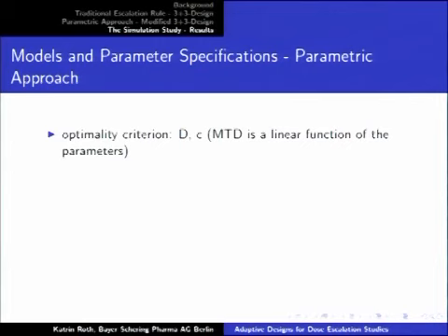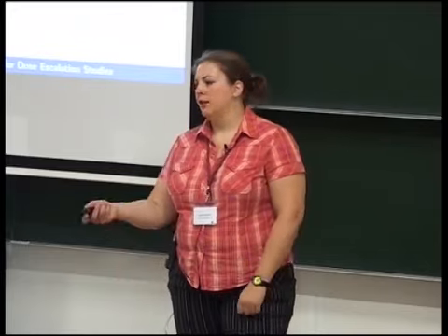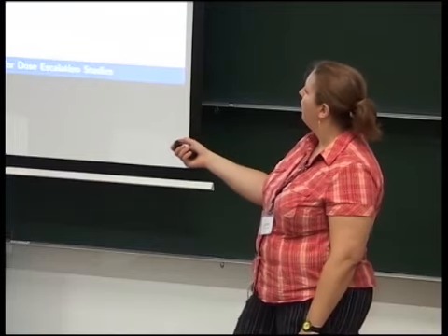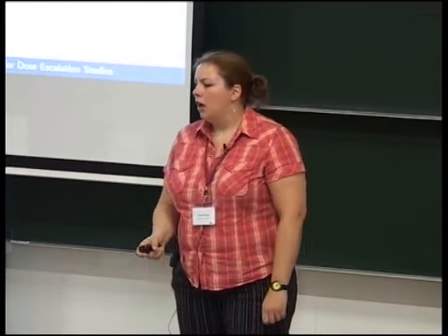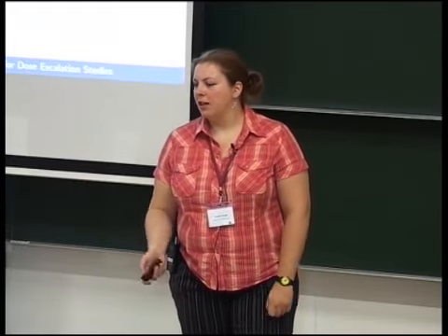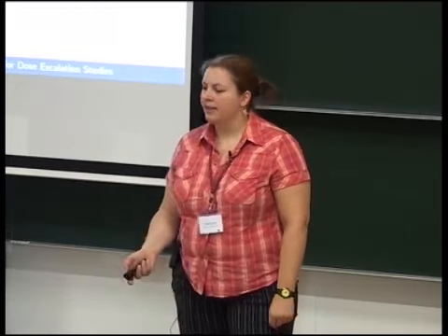For the parametric approach I presented before, I chose the D criterion and the C criterion because for the MTD, I took the MTD as a linear function of the parameters. I considered the cohort sizes 1 and 2. 1 turned out to be better, so I'm going to present the results for 1 here.